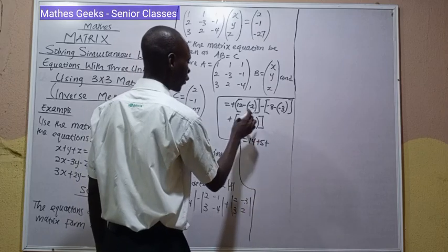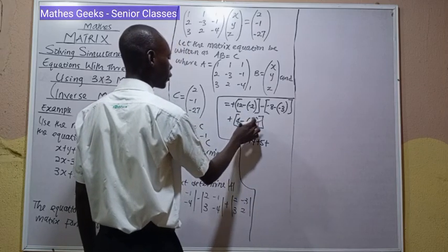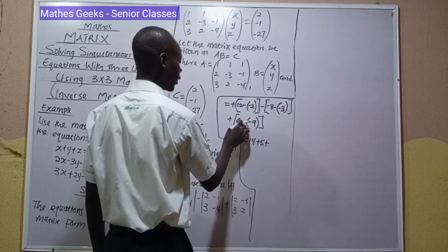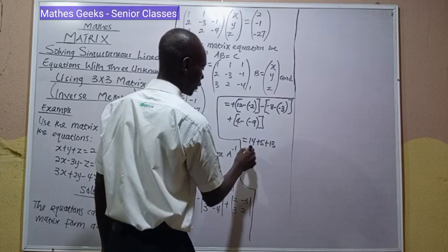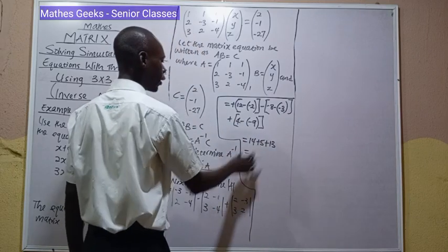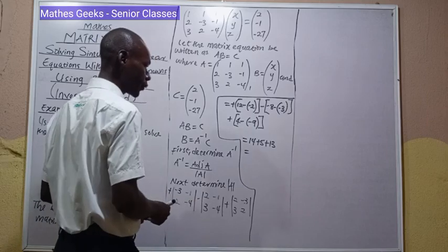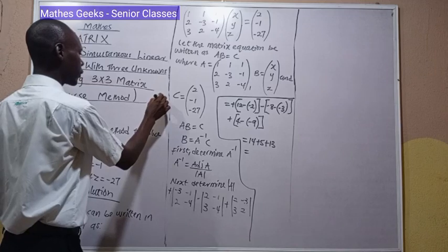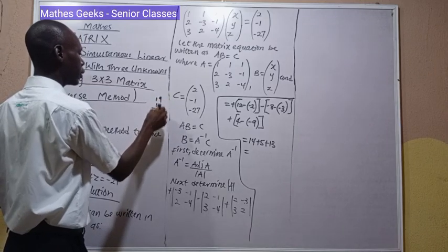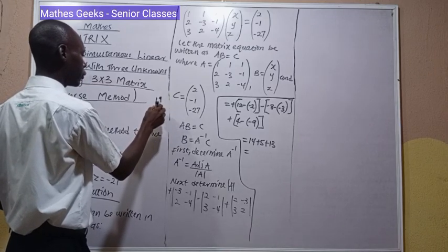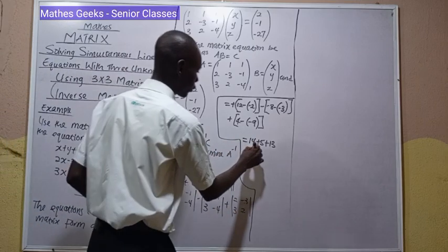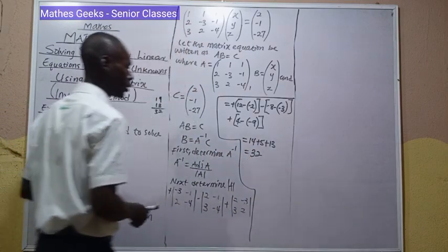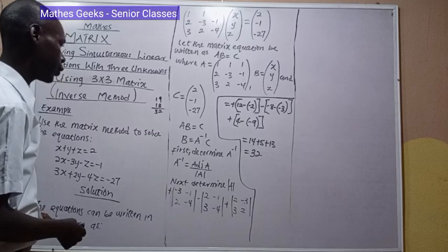Then 9 plus 4 is 13, times plus 1 is 13. So 14 plus 5 is 19, 19 plus 13 is 32. So this implies that our determinant is 32.